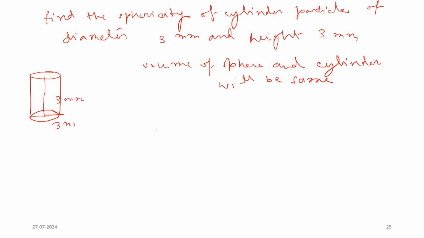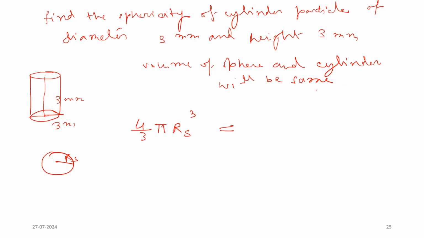So now, what is the volume of the sphere? That is 4/3 pi rs cube, where rs is suppose the radius of the sphere. 3 is the diameter, so we'll be calculating the radius.